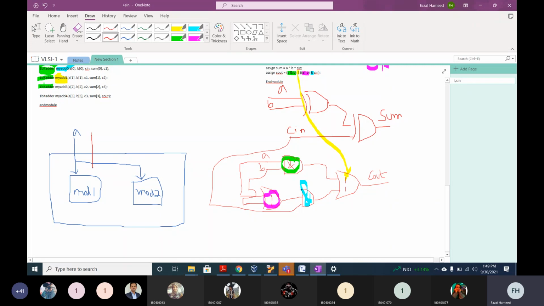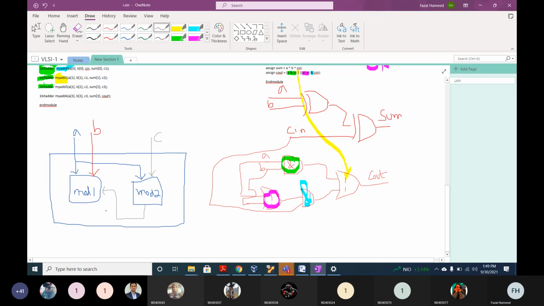Now this is your input B, and now there is another input C. Now if you look at the internals of module 1 and module 2, the output of this module goes to the input of this module.